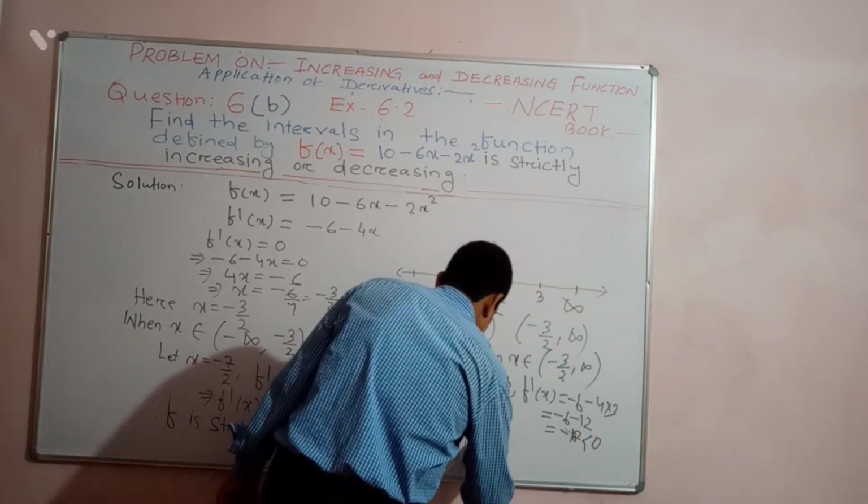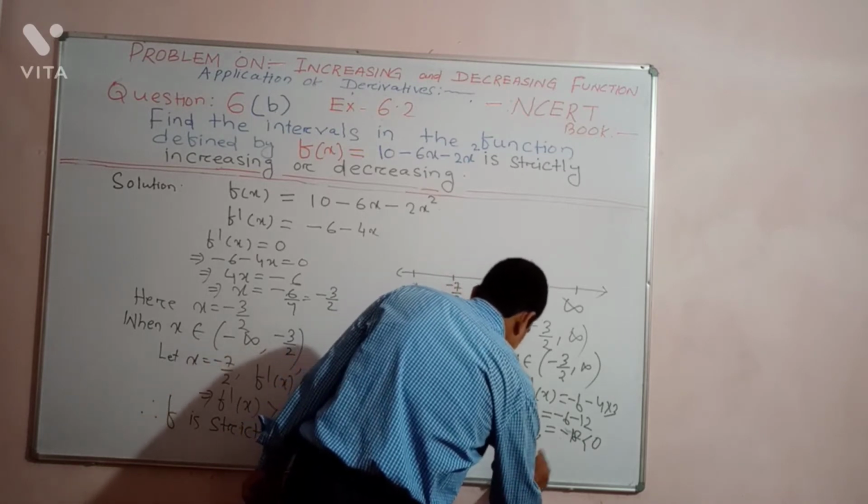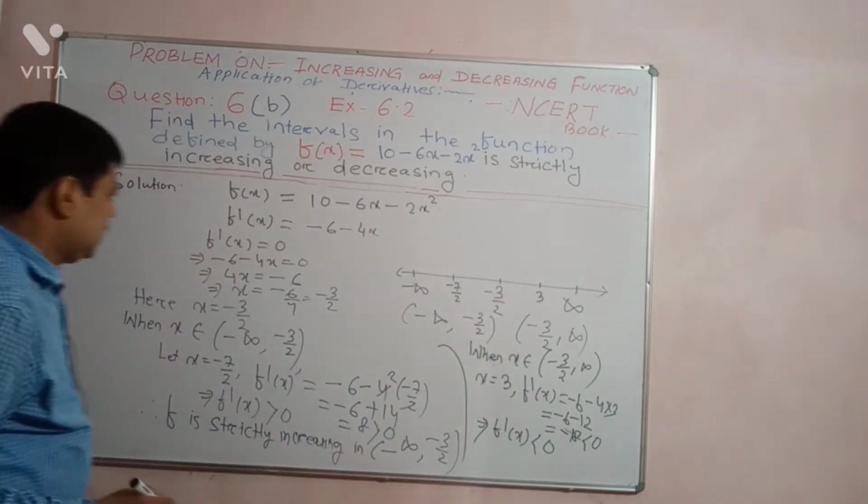That implies f'(x) is less than 0, which means the slope of the function is less than 0.